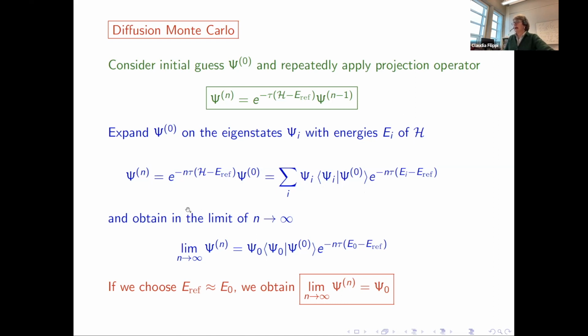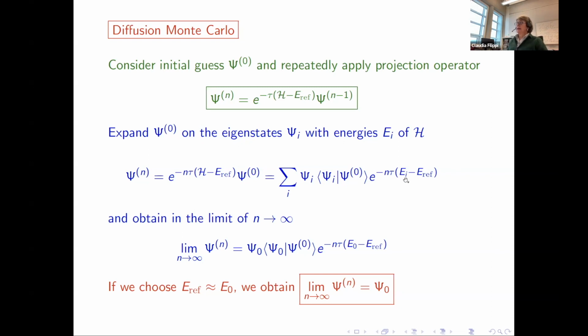And now if I write psi_0 as a summation of the eigenstates times the component along the eigenstates of the original wave function, the operator will become a function of the eigenvalues. Okay, so I have a sum here over the eigenstates. The operator goes through the sum, hits every eigenstate, and it becomes a function of the eigenvalue.